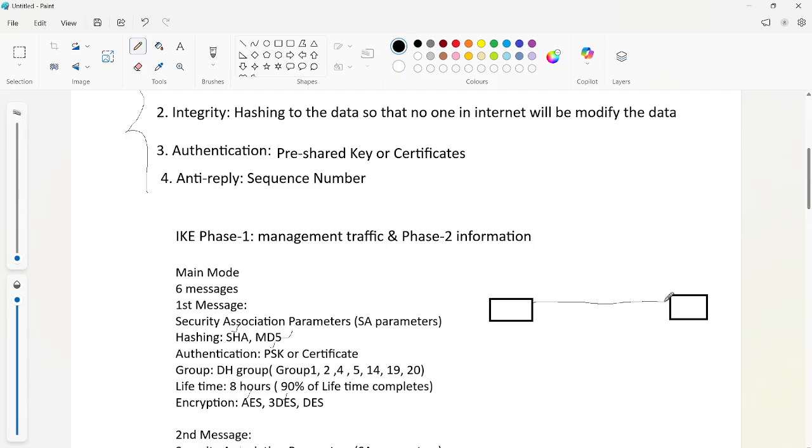The six messages are successfully negotiated between firewall 1 and firewall 2, and we have formed an IPsec phase 1 tunnel. This IPsec phase 1 tunnel will have a lifetime of whatever lifetime we have configured. Once this lifetime completes, it has to renegotiate the parameters once again.